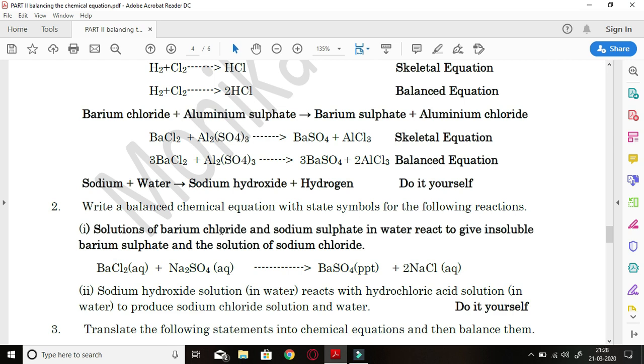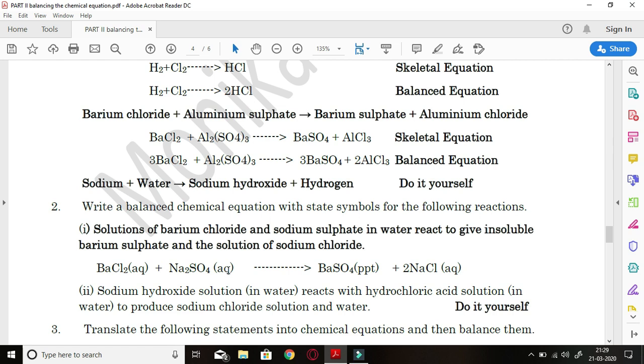If you look here, first is solution of barium chloride, that is BaCl2 aqueous. Since it's a solution I will put here aqueous, and for 'and' I'll put here plus. Sodium sulfate in water, this means sodium sulfate aqueous solution which is made in water, so that's why I'll put here aqueous.